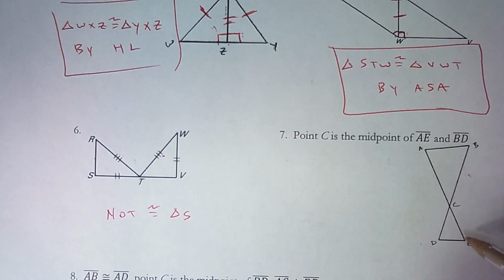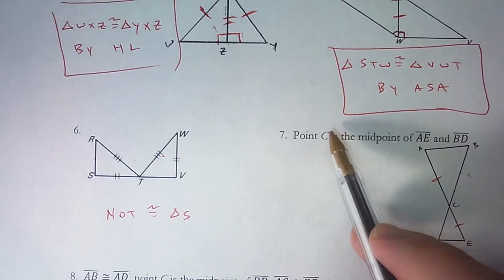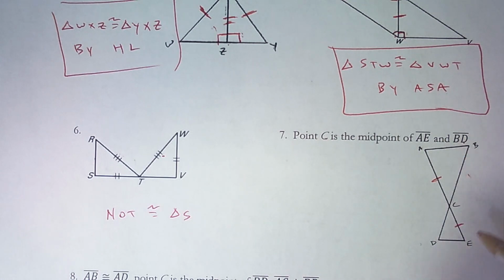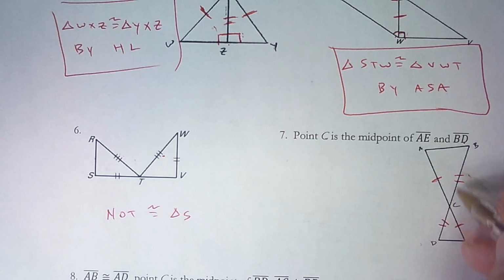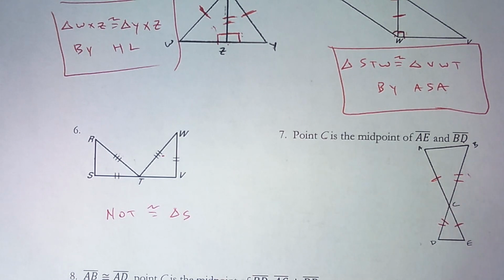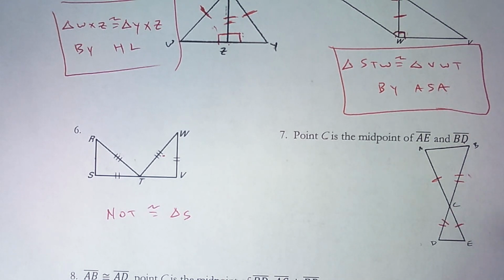Here, point C is the midpoint of AE. It really doesn't look like C is in the middle of AE, but it says it is, so AC and EC must be congruent. C is also the midpoint of BD, so BC and DC must be congruent. Again, it doesn't look like C is really in the middle, so it's clearly not drawn to scale, but if it says it's the midpoint, it's the midpoint. Then we have these vertical angles.